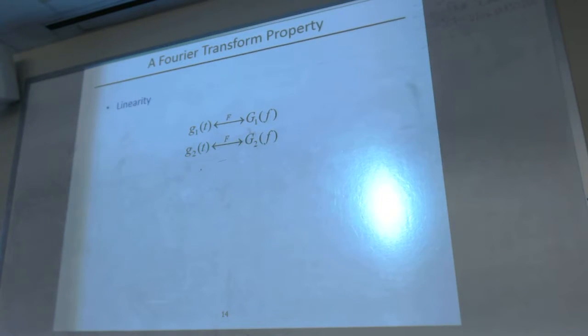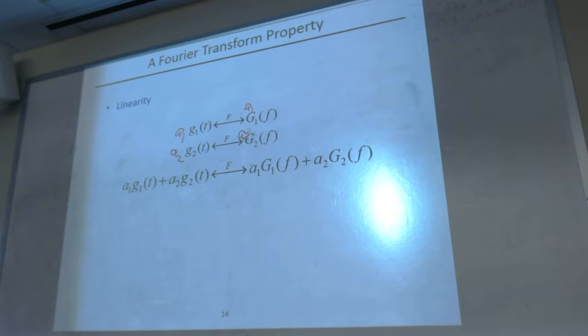In other words, if I take twice g1 plus 2 times g2, it's going to give me twice capital G1 plus 2 times capital G2. Or in other words, if I multiply g1 by A1, then the Fourier transform is also multiplied by A1. If I multiply g2 by A2, the Fourier transform will also be multiplied by A2.